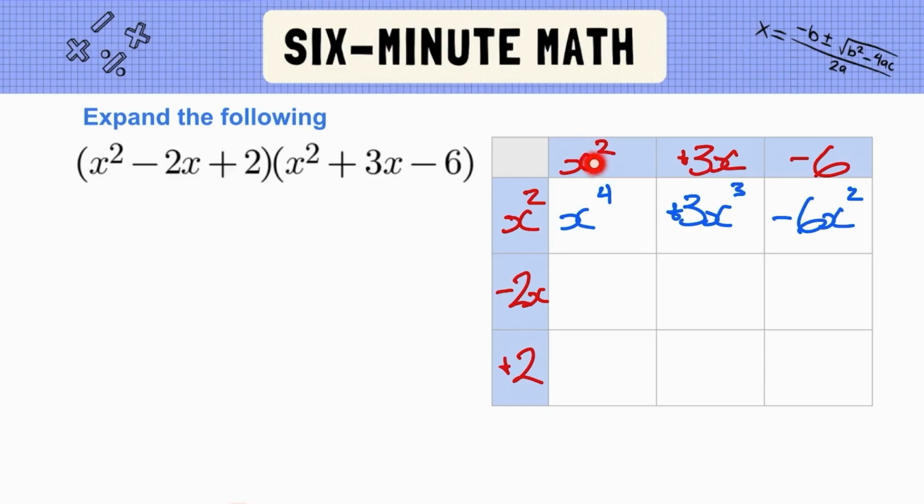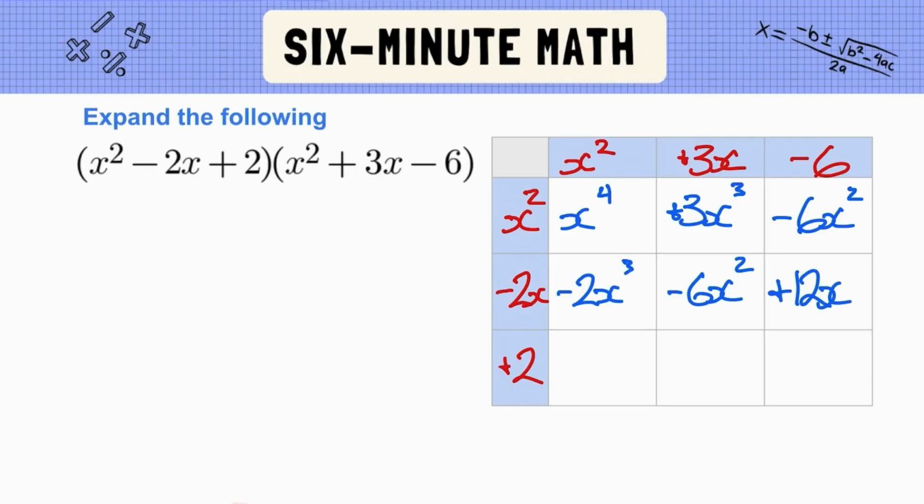Negative 2x times x squared is negative 2x cubed. Negative 2x times positive 3x is negative 6x squared. And negative 2x times negative 6 is positive 12x.